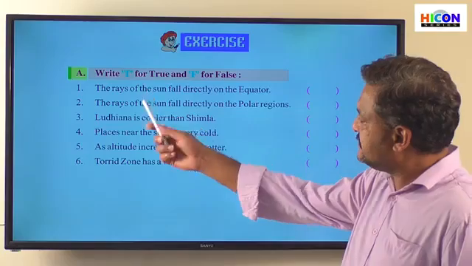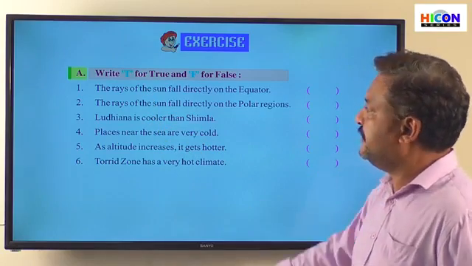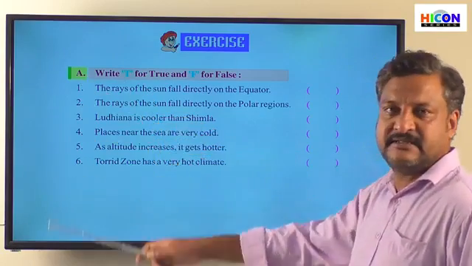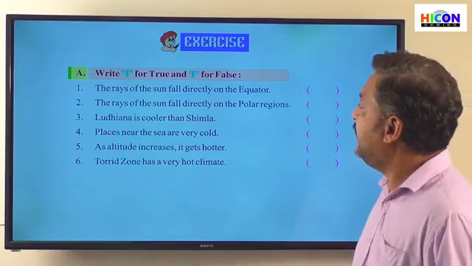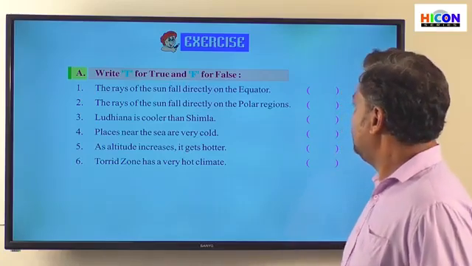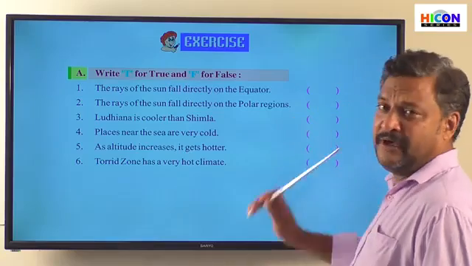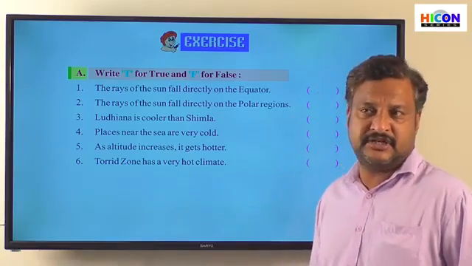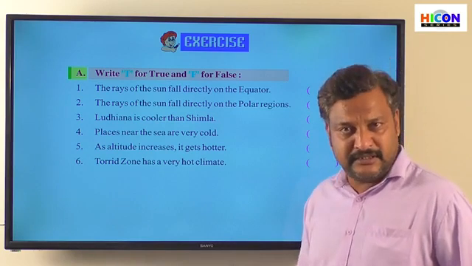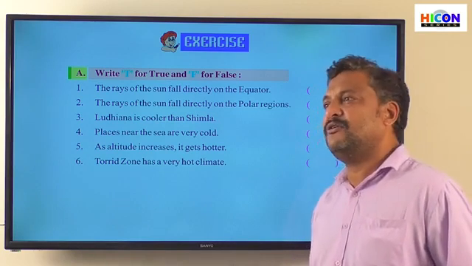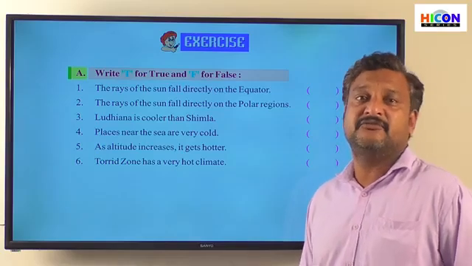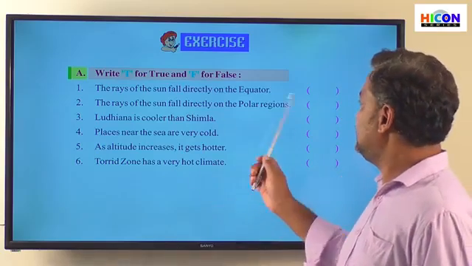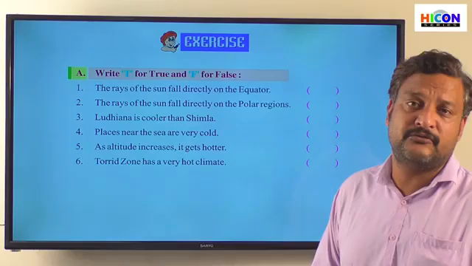See, six sentences are given here, and we need to read these sentences one by one and check with what we have learned in the lesson. Based on what we have learned, we need to check whether these sentences are true or false.